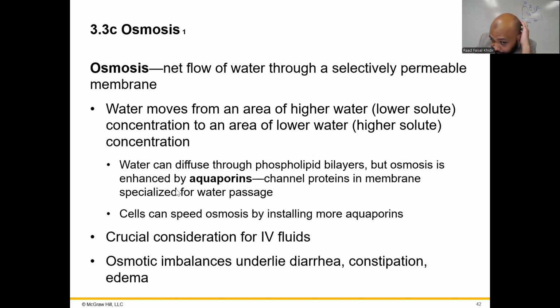Water can diffuse through the phospholipid bilayer, but osmosis is enhanced by aquaporins, the channel proteins in the membrane specialized for water passage. So cells can speed osmosis by installing more aquaporins. It is a crucial consideration for IV fluids. Osmotic imbalances underlie diarrhea, constipation, and edema.